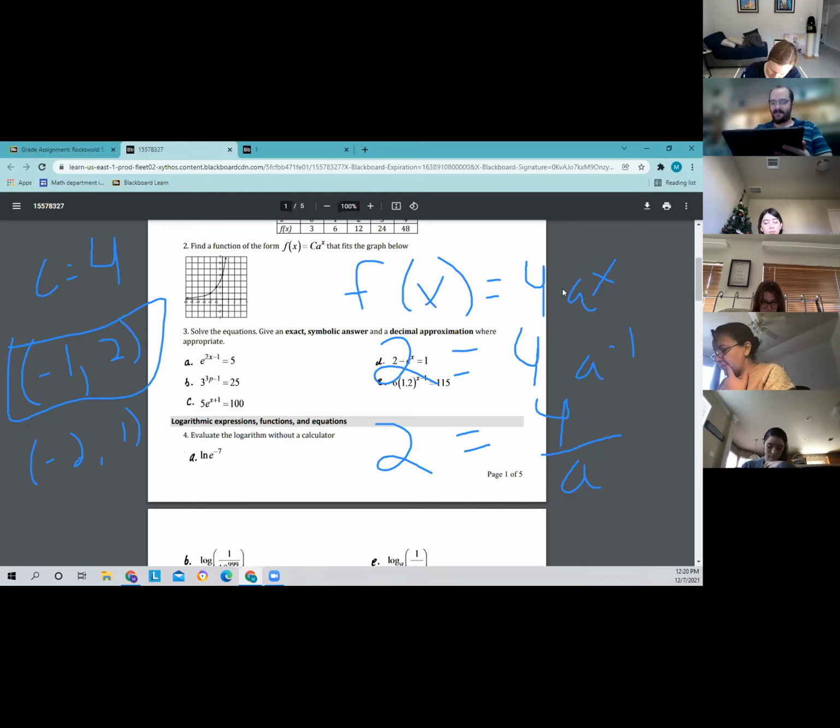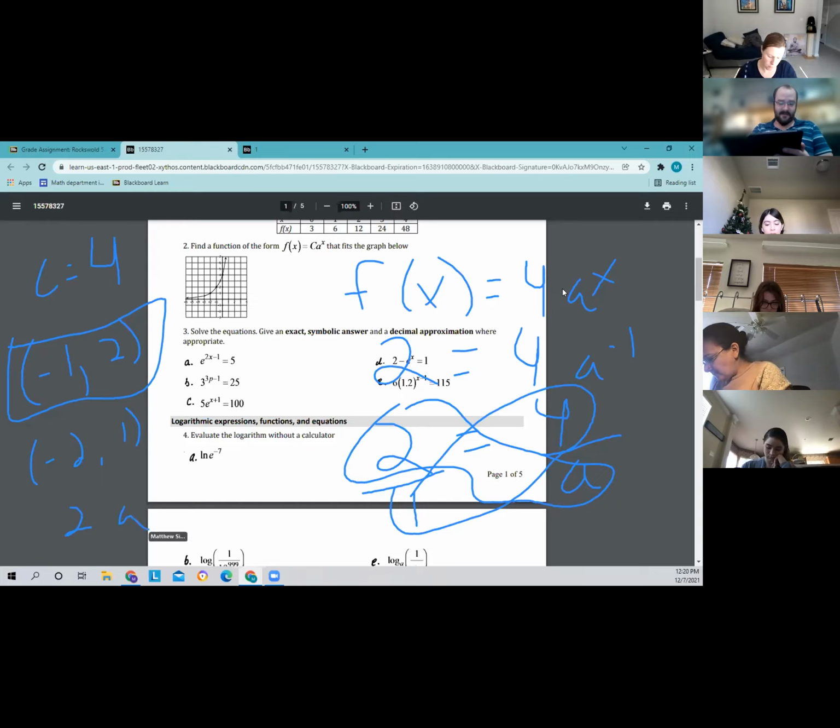Would that be easier to solve? I'd do butterflies, right? 2A is equal to 4, right? 2A equals 4. Or A is equal to? Yes, 2.